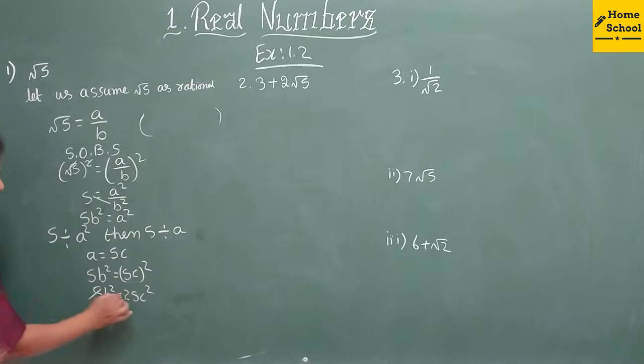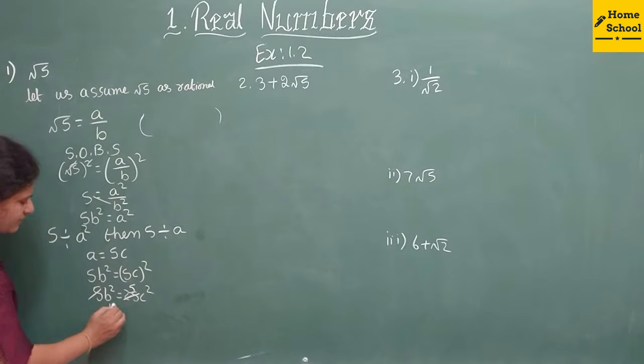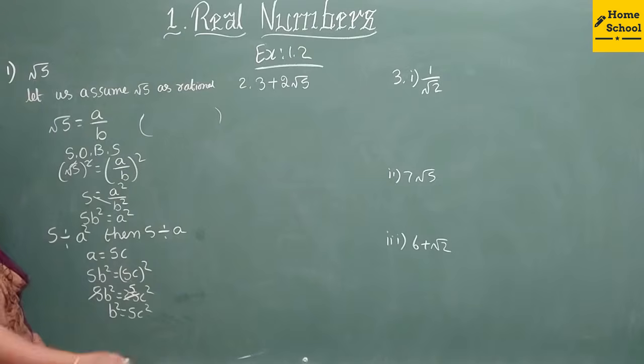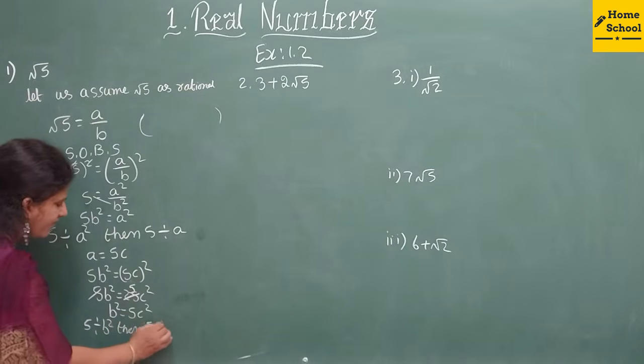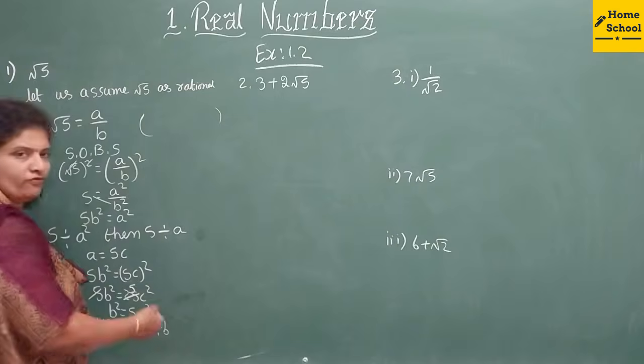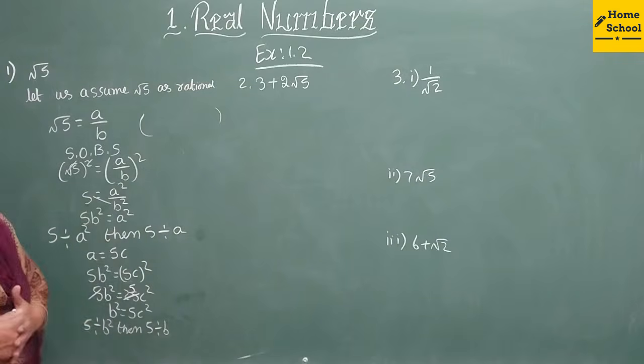Cancel 5, so b square is equal to 5c square. That means what happens here? If 5 comes this side, 5 divides b square, then automatically 5 divides b. Therefore, 5 divides a and b.